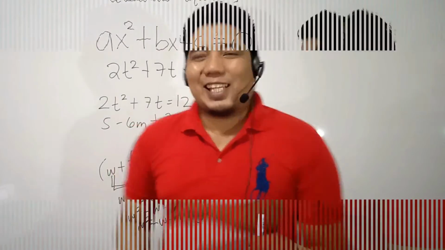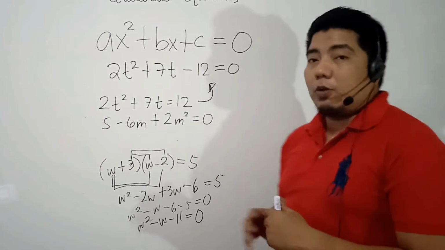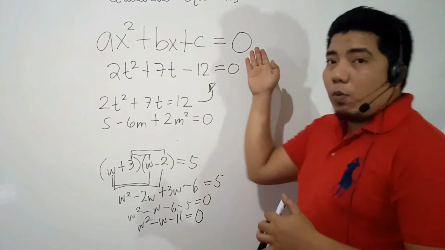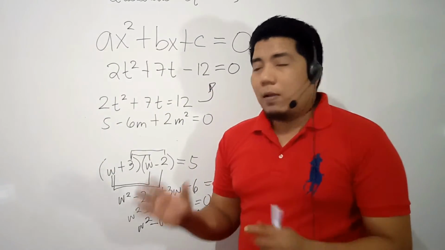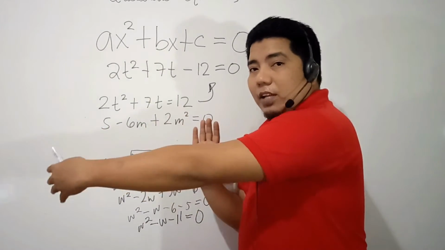Okay, now let's continue. We have here 5 minus 6m plus 2m squared is equal to 0. Now, as you can see, the equal to 0 is the same as our standard form. So therefore, we will not apply any transposition. But we will have to arrange our terms on the left side of the equation.